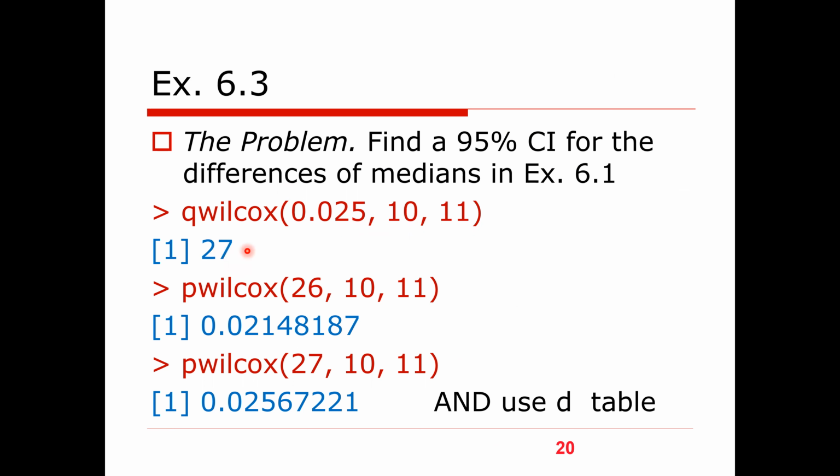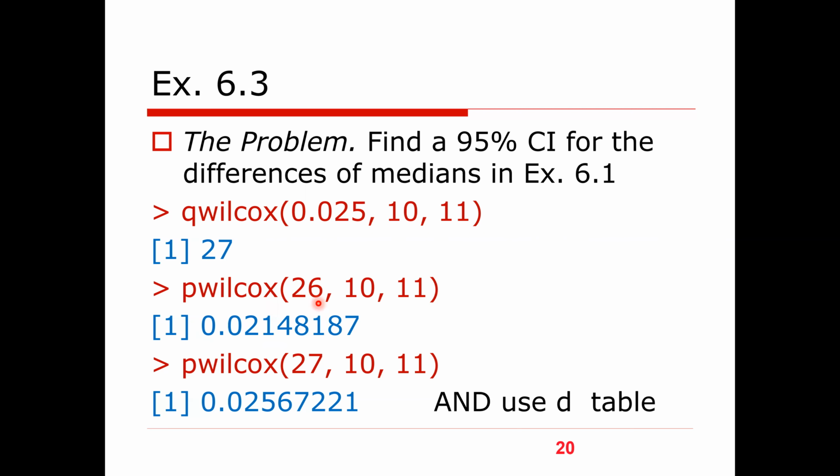confidence interval, right? And then we can use pwilcox to verify whether 27 is correct. So we can try 26 and 27. qwilcox is given the p-value, given the alpha, returns the order of the Dij we should include. pwilcox is the opposite, input the order of the Dij and it returns you the p-value.